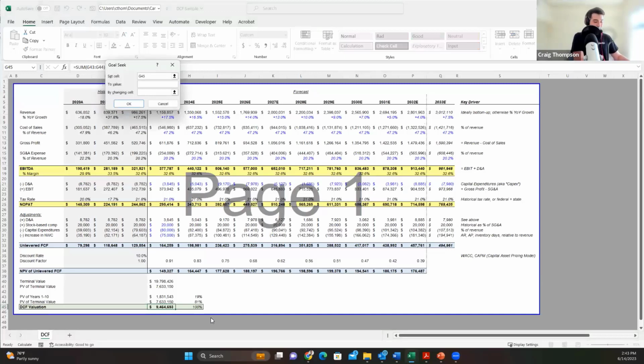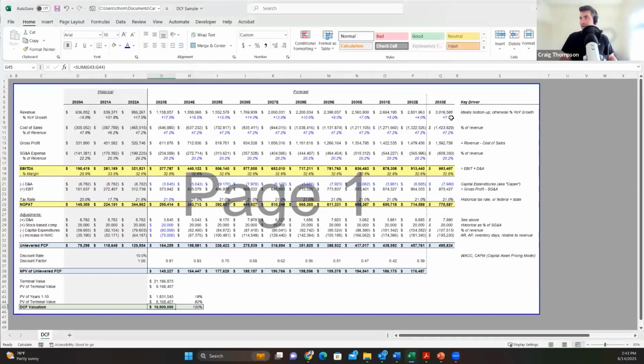So I can set this equal to 10 million by changing this terminal growth value number, and it'll find the number for me. So in this case, it's 7.6597596%.